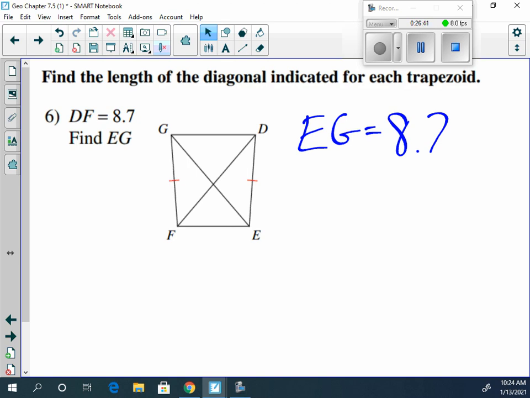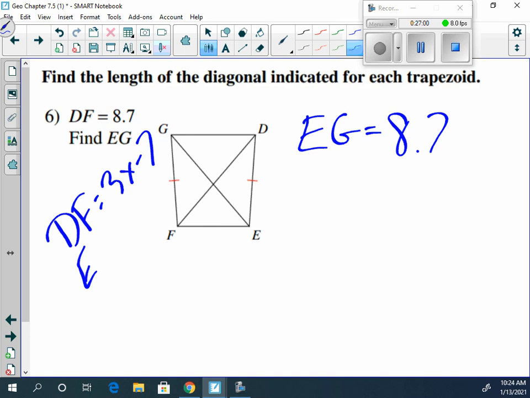I mean, we could have it be a little bit more, quote unquote, challenging. The only thing that would make it, again, quote unquote, challenging, is if we said something along the lines that DF is 3x minus 7 and EG is 2x plus 15, find the value of x.